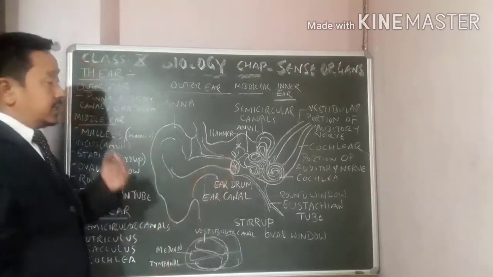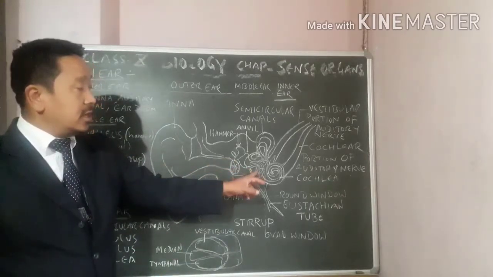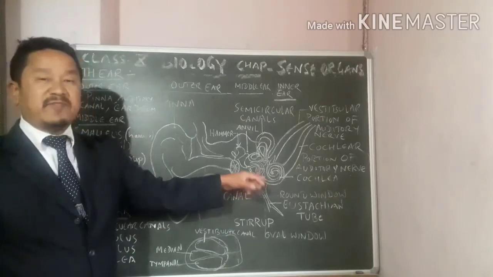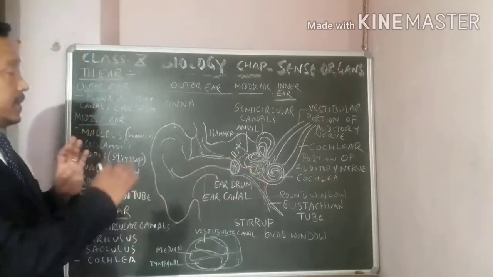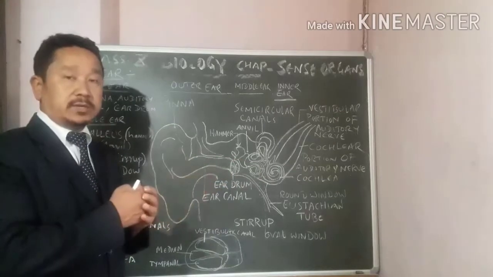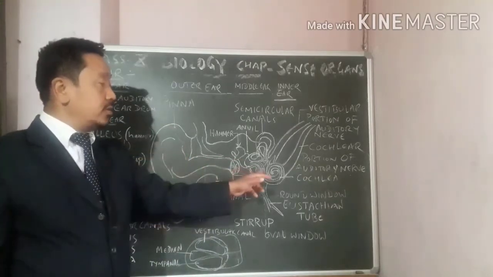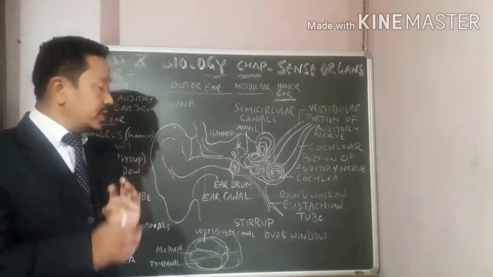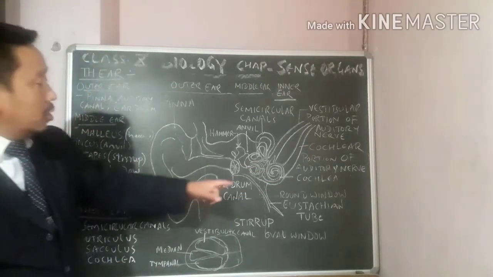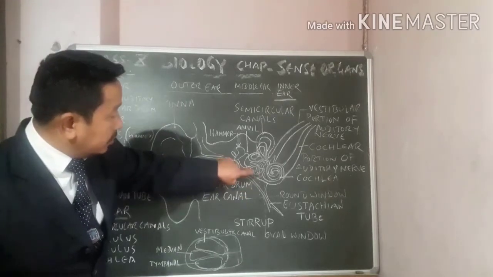What you see is that the flat part of this stirrup is connected with a so-called window, which is called the oval window here. This is your oval window.